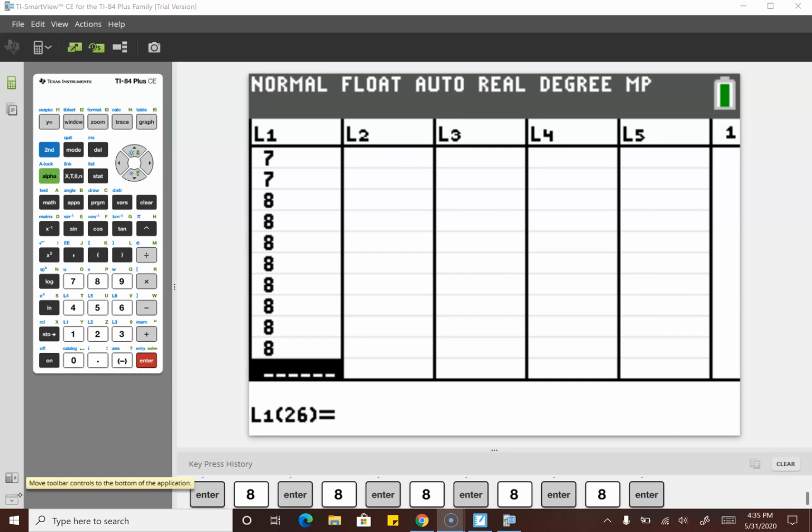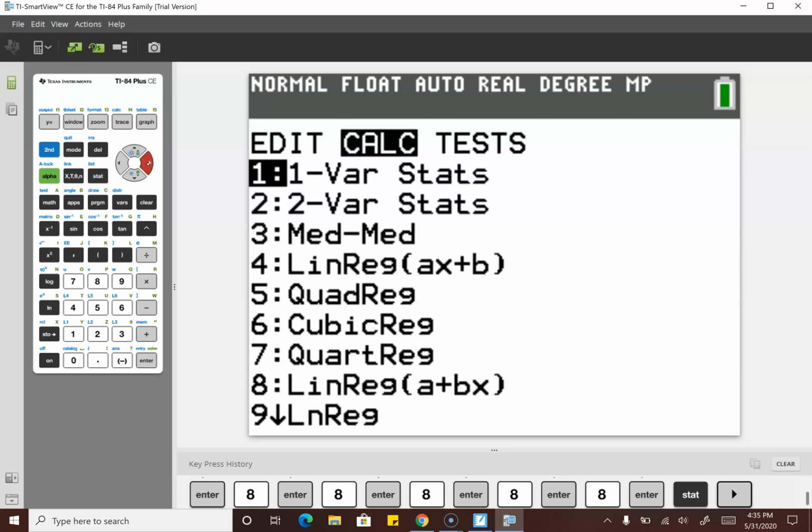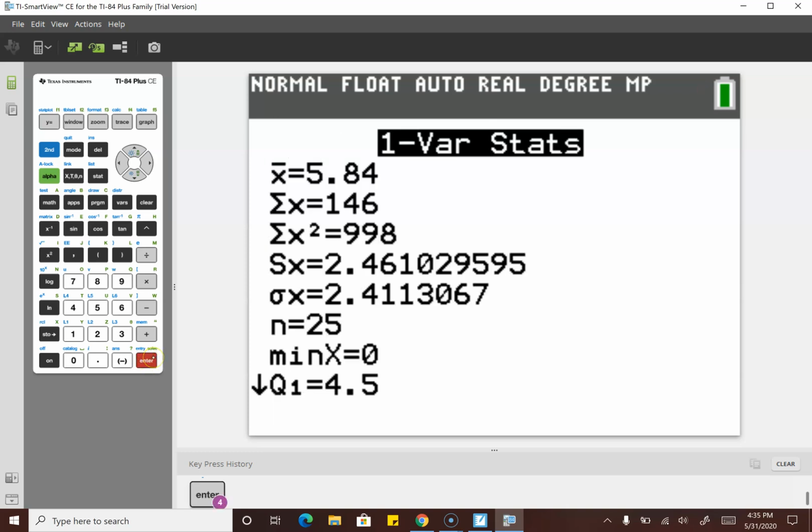So when all your data is in your calculator, you are then going to hit stat. Instead of going back to our list, we're going to go over to calc using the right arrow, and then we'll take our 1-bar stats. So remember, older calculator, you just have to hit enter once. Newer calculator, you have to hit enter 3 times, 1, 2, 3. So our mean, remember, is that X with the line over it.